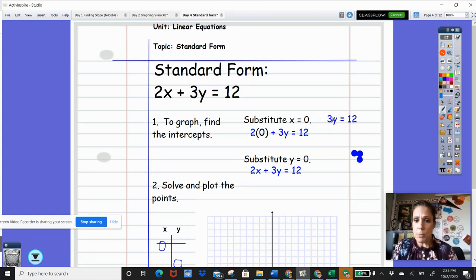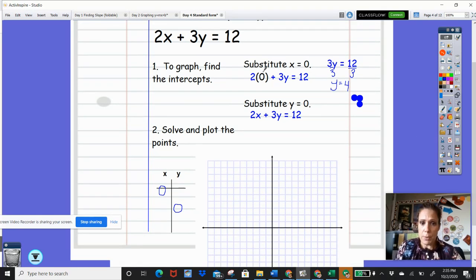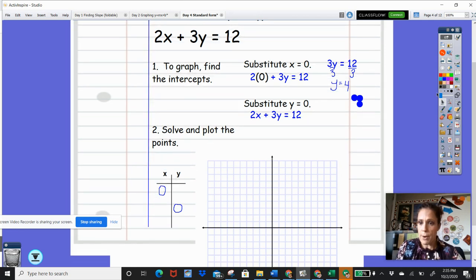Then you divide both sides by 3, and you get y equals 4. So if I plug 0 in for x, then my y is 4.